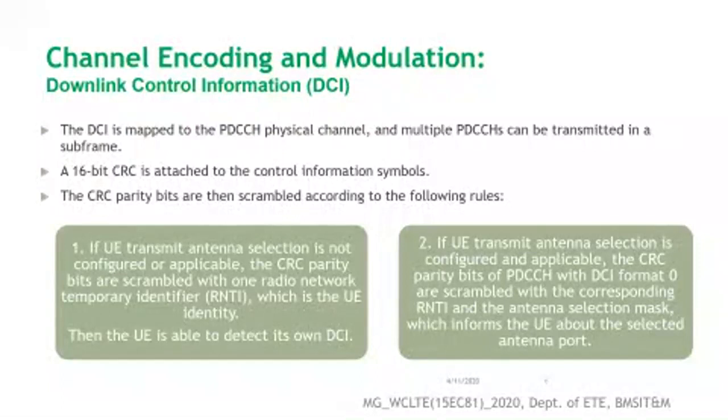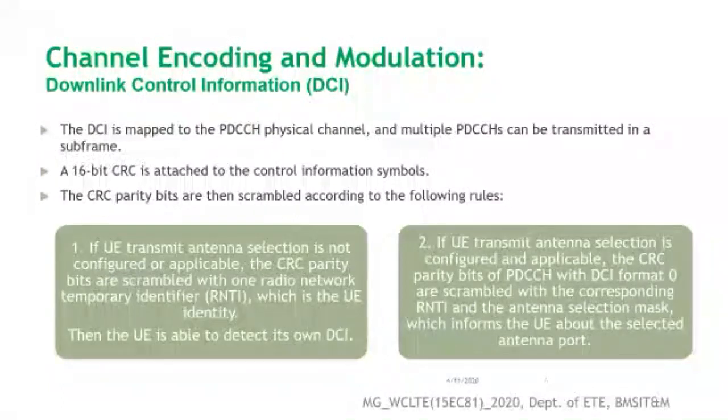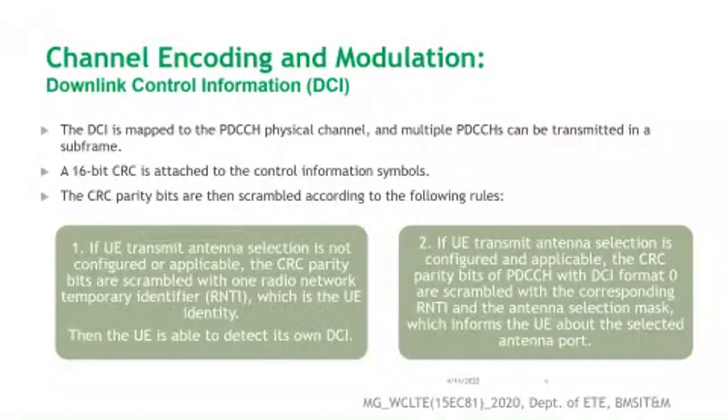I will explain the different types of antenna selection masks used in LTE. That will inform the user equipment about the selected antenna port. I told you in the previous class about different antenna ports, right? It supports 4 ports: antenna port 0, 1, 2, and 3.